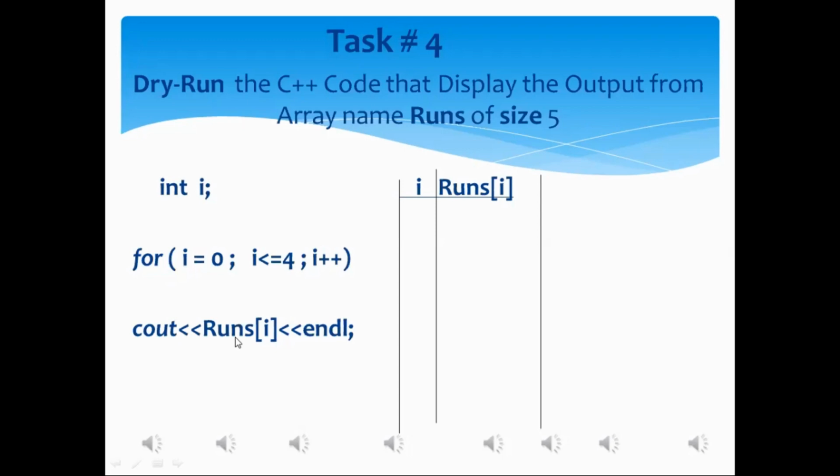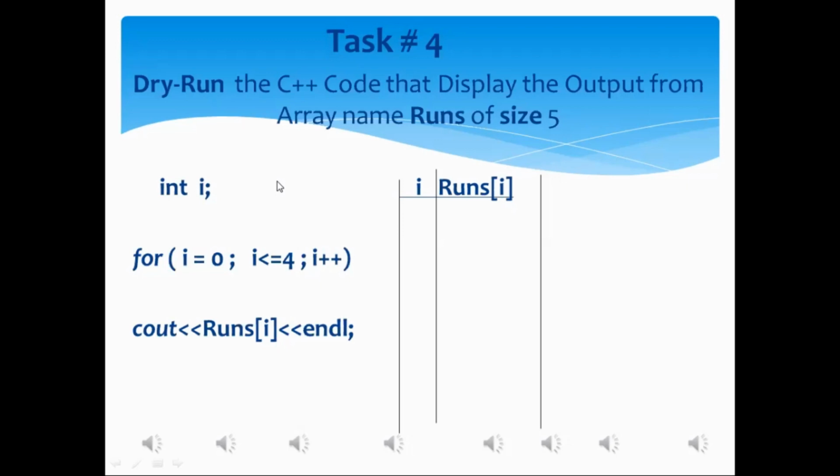All right, my dear? And we can have a virtual visit to the memory structure, where we can find the data value that has been stored in the address of the array. All right, my dear? Now we are going to start the dry run.